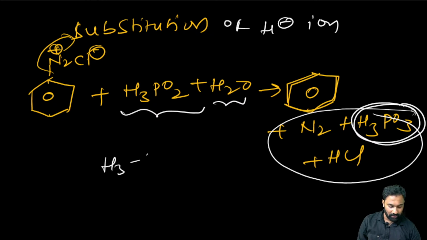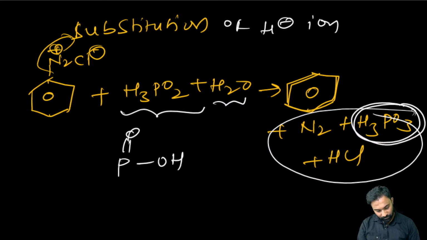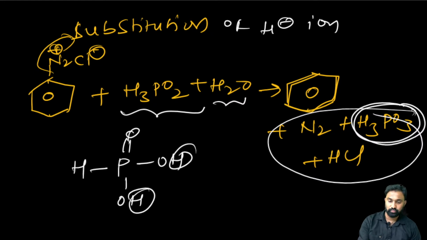The acid in the product is H3PO3, right? The basicity of the acid is 2. Right. Good. Next, the next one we are having is substitution.